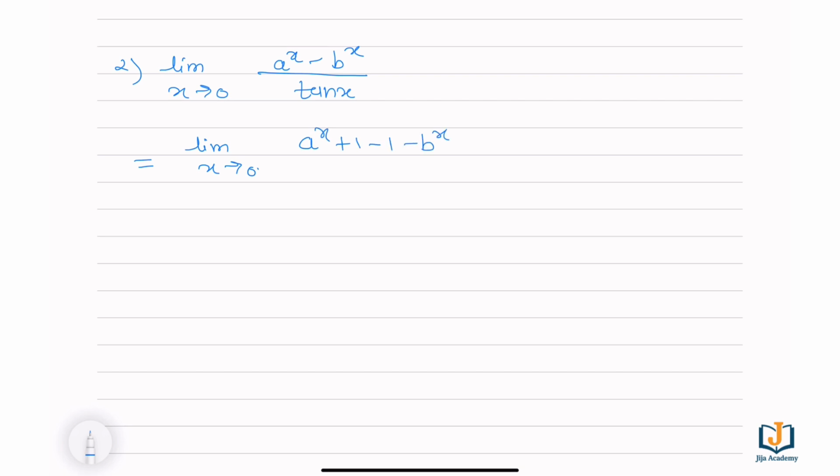Second problem is limit x tends to 0, (a to the power x minus b to the power x) divided by tan x. Here we write limit x tends to 0, (a to the power x minus 1 minus b to the power x plus 1) divided by tan x.